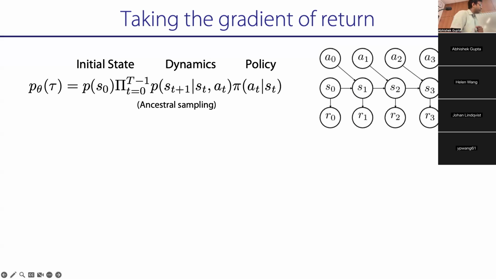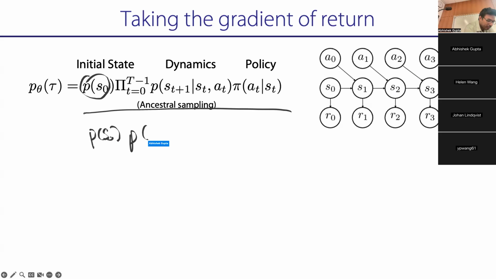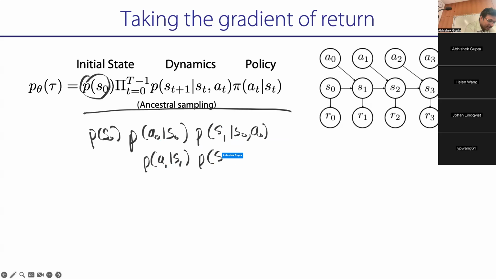But the likelihood of a trajectory, you can think of it as, if you remember my first lecture, we talked about how we do sampling, right? So we start by sampling the initial state, then you sample an action, then you sample the next state, then an action, then the next state, and you repeat, right? So you can think of the likelihood of a trajectory as the likelihood of the initial state, P of S naught, times the likelihood of the initial action, times the likelihood of the next state given that initial state and initial action, times the likelihood of the next action, times the likelihood of the next state, repeating, right?